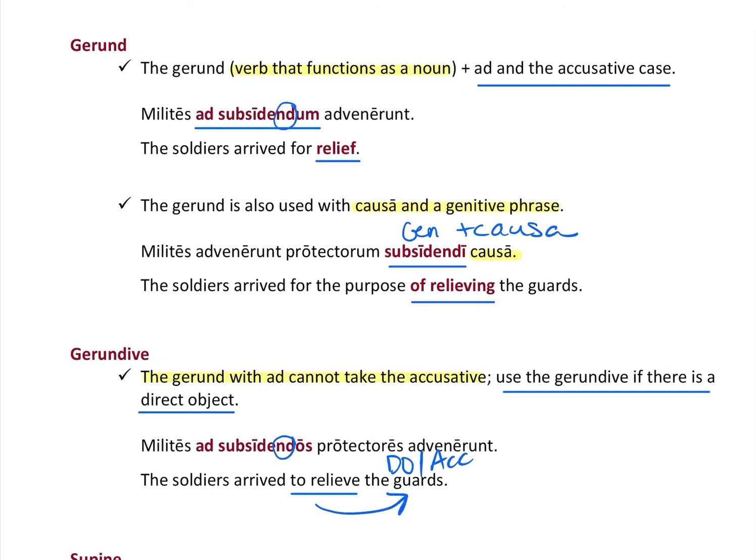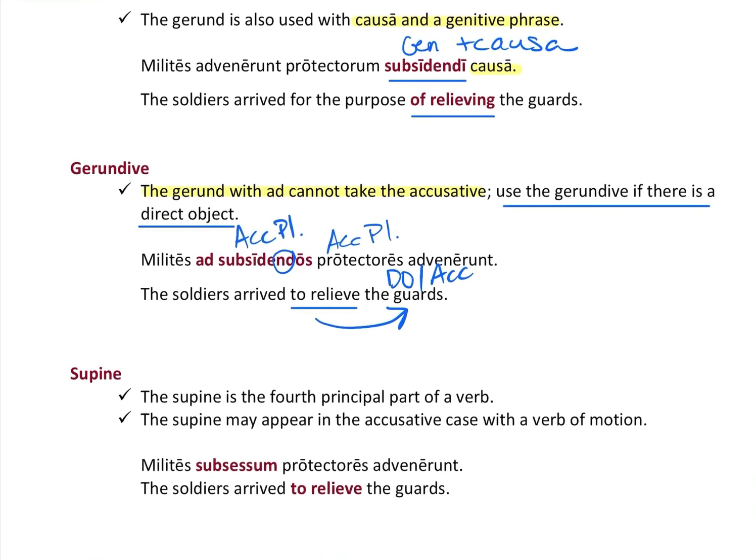And since the guards is accusative, plural, our gerundive also must have an accusative, plural, masculine ending. Occasionally you'll see the gerund with a direct object afterwards, but most of the time you're going to see the gerundive.